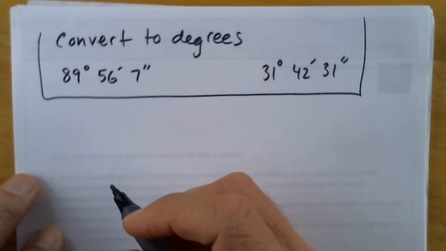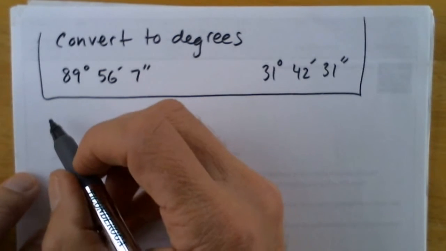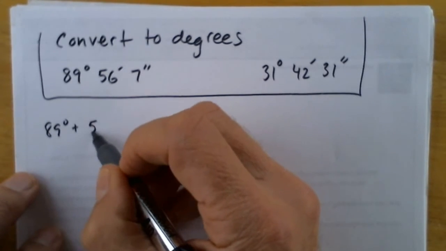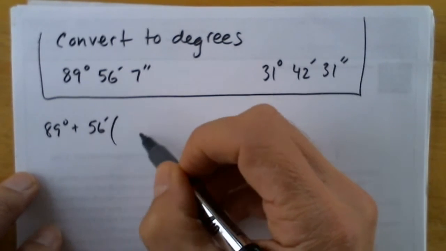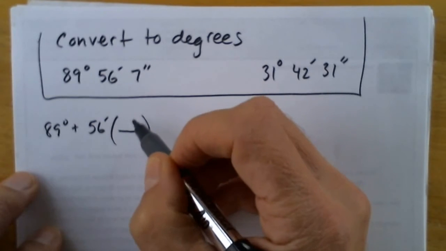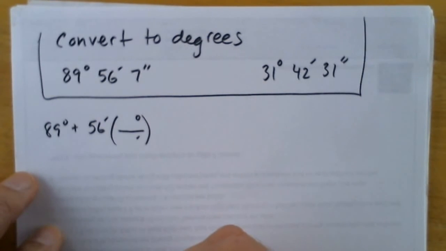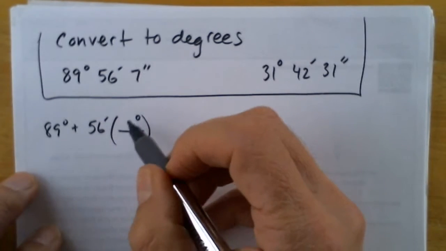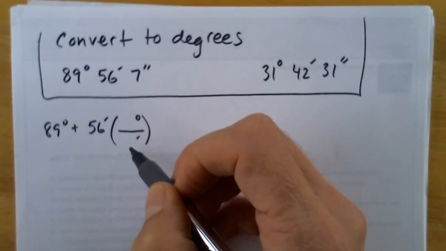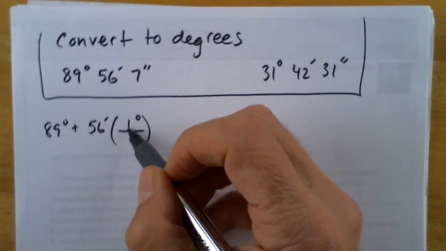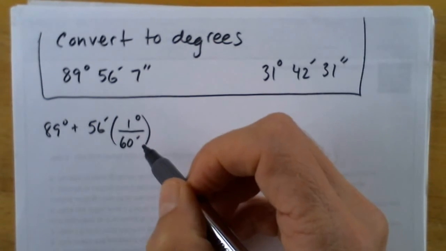All right, and we'll just convert each of these to degrees. We have 89 degrees plus 56 minutes. We need to convert minutes into degrees. We know we want to cancel minutes and be left with degrees. So now we just have to figure out what's the conversion factor. In 1 degree, we have 60 minutes.